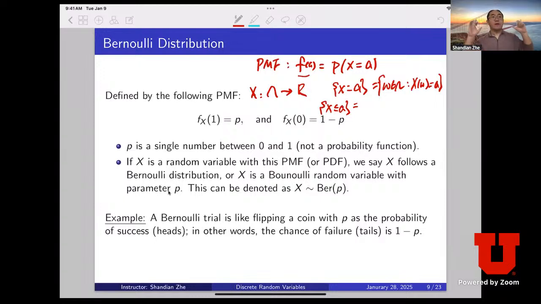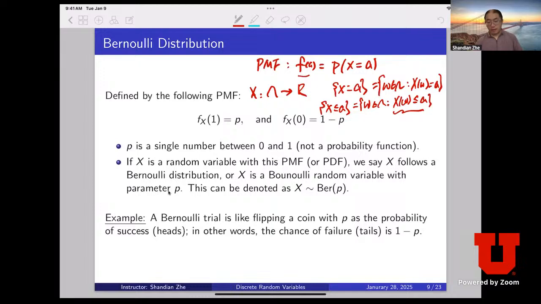This represents the event. Remember, an event is always a set. It's a set of elements in the sample space such that the random variable mapping from omega, the mapped value, will be less than or equal to a. That is, the mapped value from the random variable satisfies this inequality.